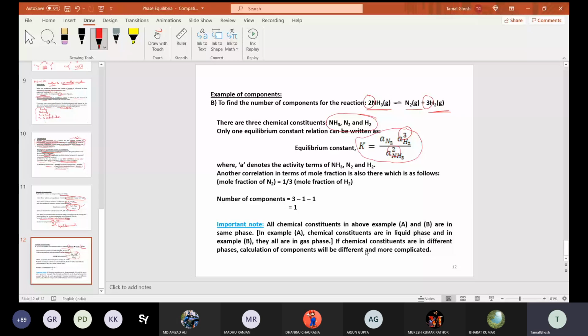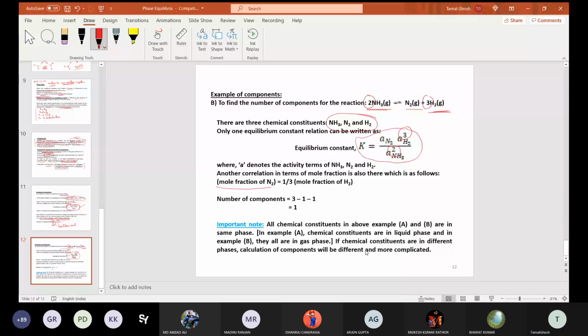So we have one equilibrium constant correlating those chemical constituents. Another correlation is that the mole fraction of nitrogen equals 1/3 of the mole fraction of hydrogen.